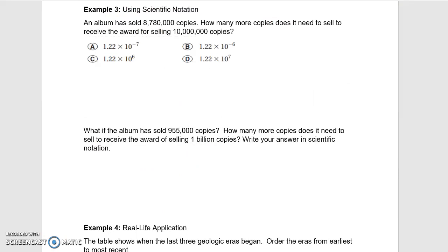Example 3. An album has sold 8,780,000 copies. How many more copies does it need to sell to receive an award for selling 10 million copies? So without scientific notation, this would be a subtraction problem. So we're still going to subtract the 10 million minus 8,780,000.